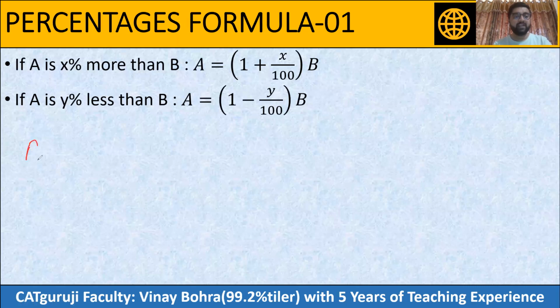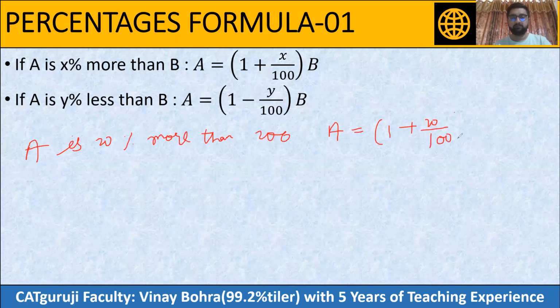If it is given that A is 20% more than 200, so A will become, directly I can write, 1 plus 20 by 100 into 200. So this 20 by 100 we can write as 1/5. So this will give us 6/5. And on simplifying this, we'll directly get 240. So this is how we can solve this.